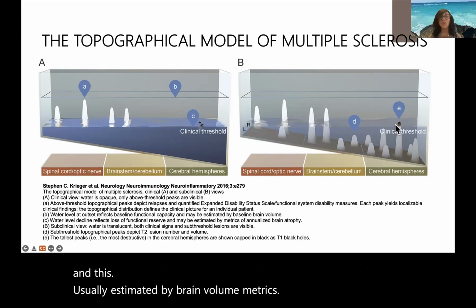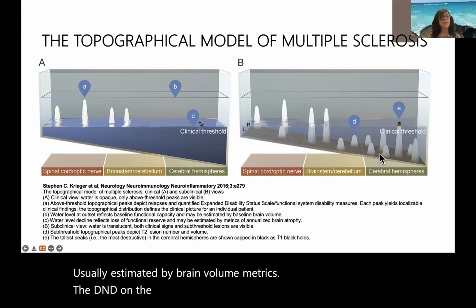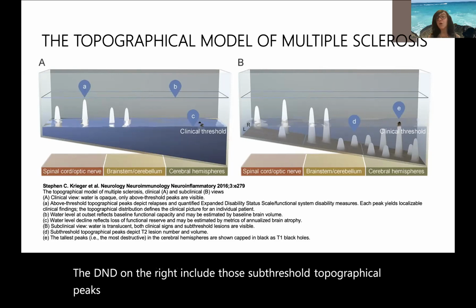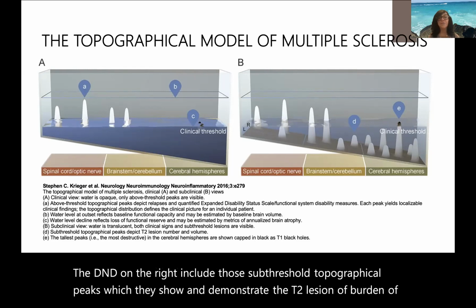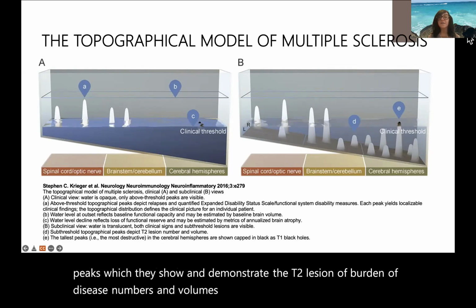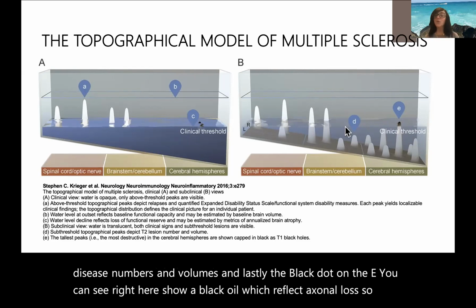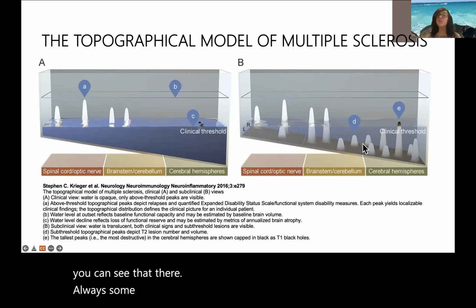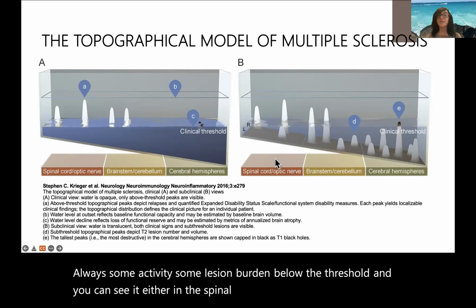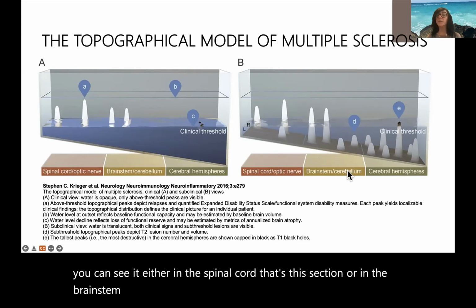The D and E on the right include those subthreshold topographical peaks, which demonstrate the T2 lesion burden of disease, numbers and volumes. And lastly, the black dot on the E shows a black hole, which reflects axonal loss. So you can see that there is always some activity, some lesion burden, below the threshold, and you can see it either in the spinal cord, that's this section, or in the brainstem and cerebellum, the middle section, or in the cerebral hemispheres.